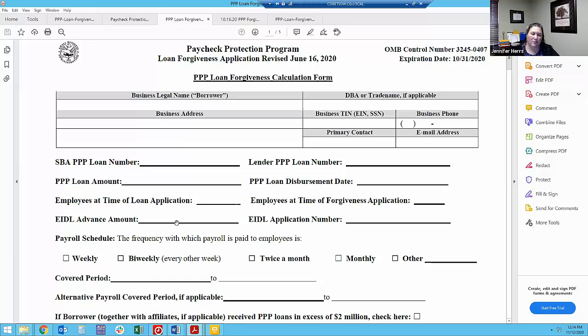Or $1,000 per employee, which is what they changed it to. That's all. I just wanted to point that out from personal experience, which we just found out this week.